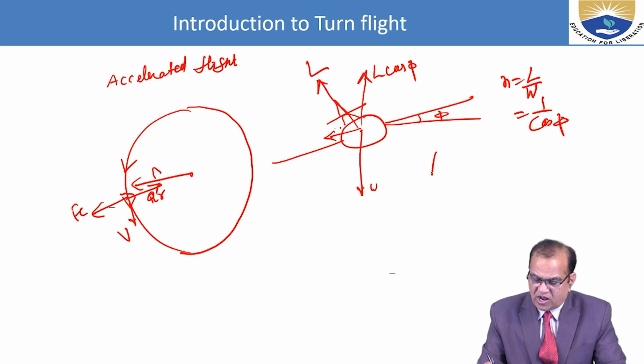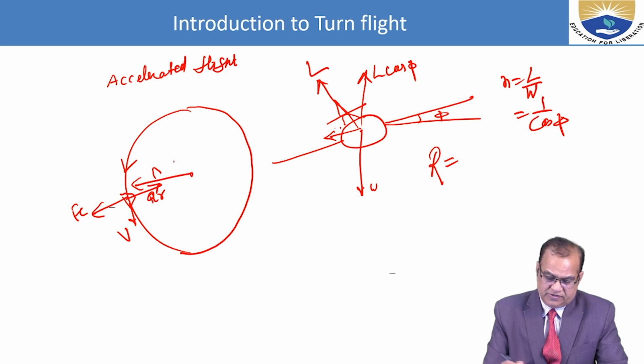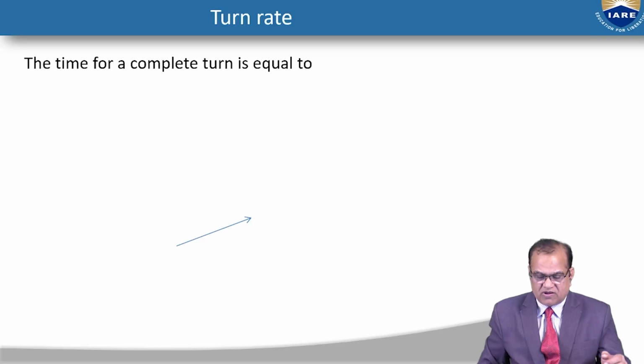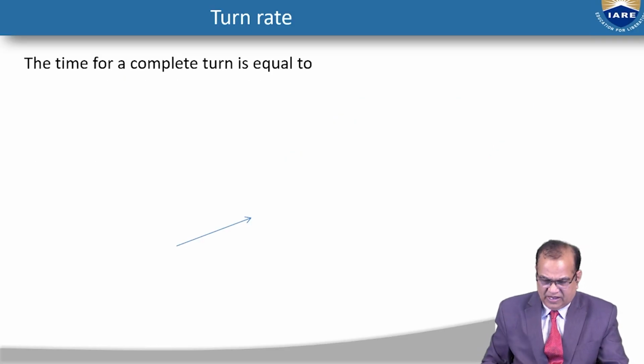This we have seen, and we have also found the radius of this. This also depends upon phi and the velocity. So this we have covered in our previous lectures.